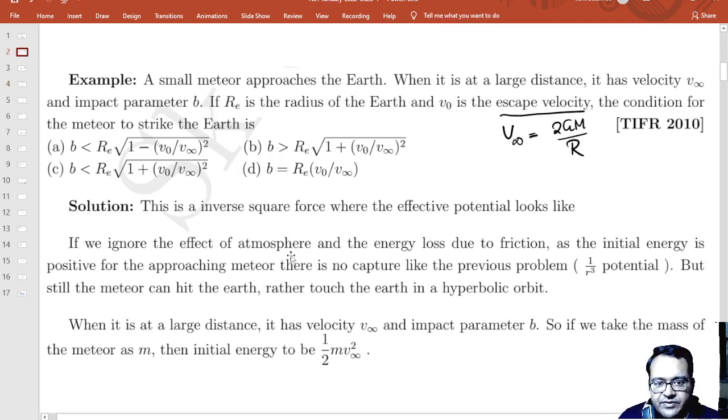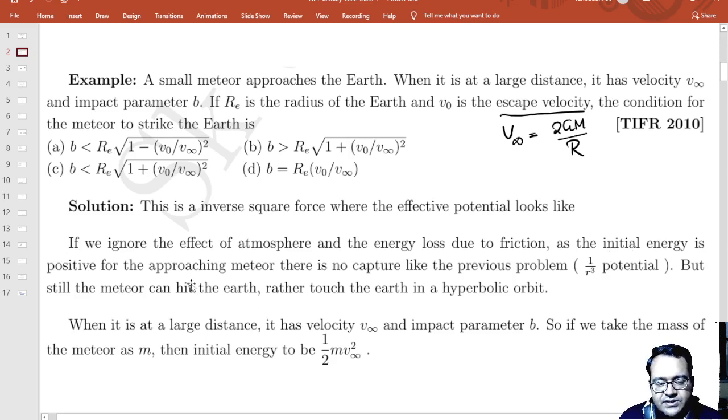If we ignore the effect of the atmosphere and the energy loss due to friction, the initial energy is positive for the approaching meteor, and there is no capture like the previous problem, that 1 by r cube potential. If you did not watch the last lecture properly, then it is kind of foreign words to you, but you should watch the lectures in sequence. Each and every lecture is connected.